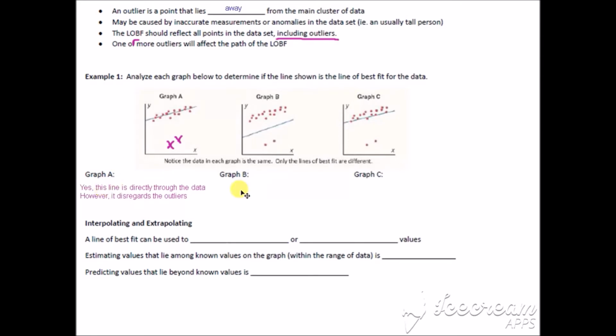Okay, so it is representative, but it does disregard the outliers. Graph B: are the same amount of points on top of the line of best fit as beneath it? No, absolutely not. These two outliers are really pulling that line down. I don't think that this is representative. So no, the line of best fit is not near the majority of the data.